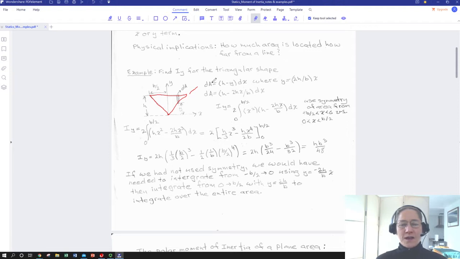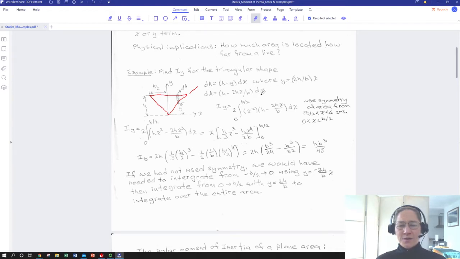So I can define my differential area as (h minus y) dx, but I want to express y in terms of x, so I can integrate more easily with respect to x in my moment integral. So I make a line equation relating y to x based on the dimensions of the triangle and substitute that for y. Now I've got my differential area.